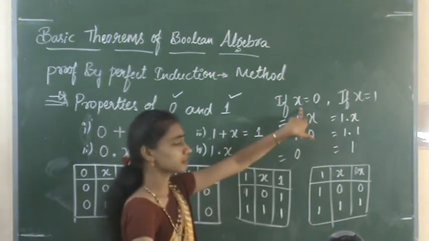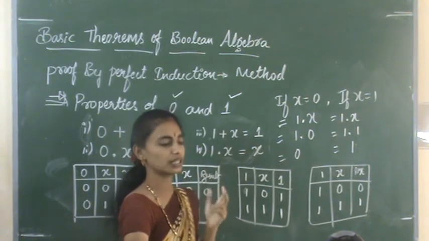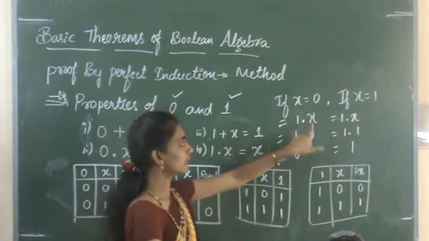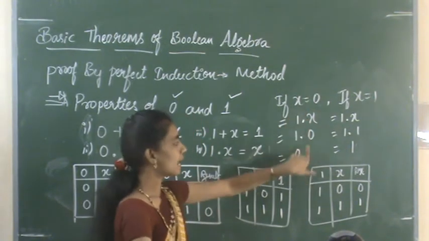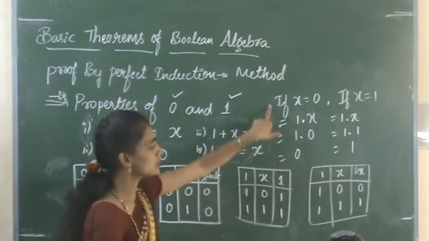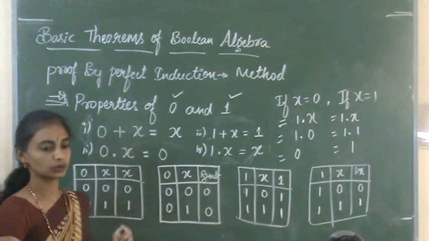In Boolean algebra we use only two values, either 0 or 1, right? So we provide those possible values to the theorems and we will get the result. This is by the algebraical method and this is by using the truth table.